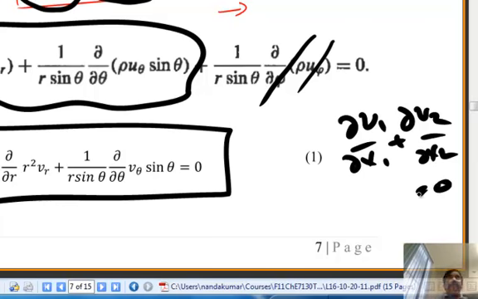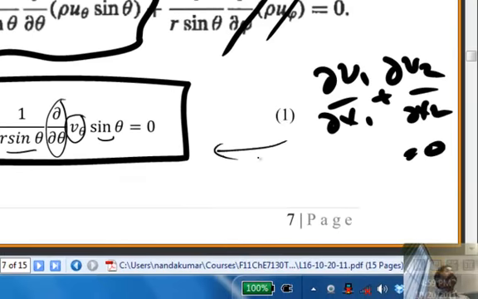But because it is spherical coordinates, we have d/dr of v_r, and these are the scale factors, the metric coefficients that introduce these particular terms. Similarly, you have d/d theta with respect to v_theta, but once again, these terms are because of the curvature in the other two directions, the theta and phi directions. But it's basically the same thing.